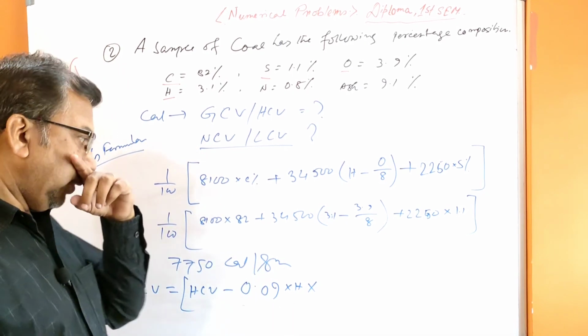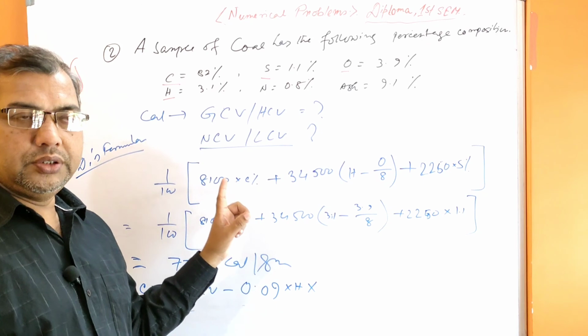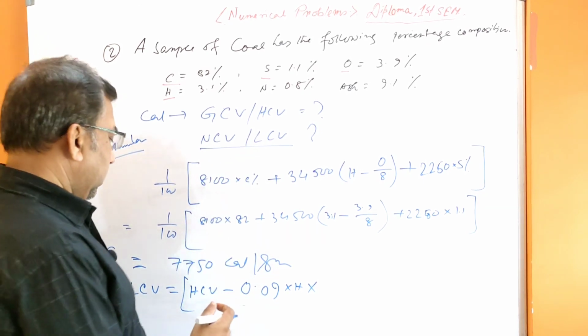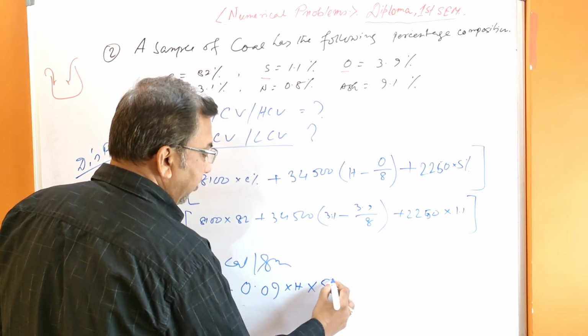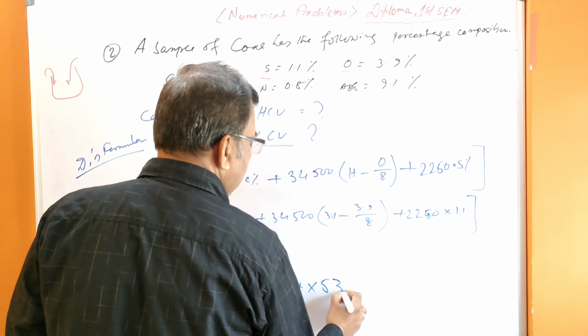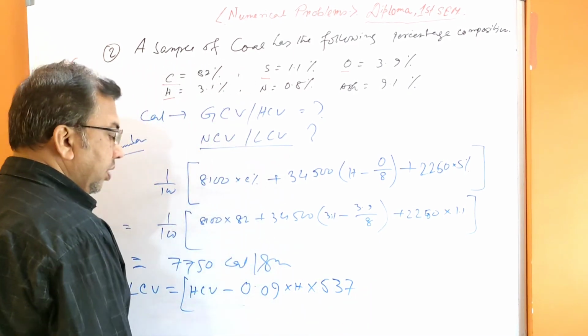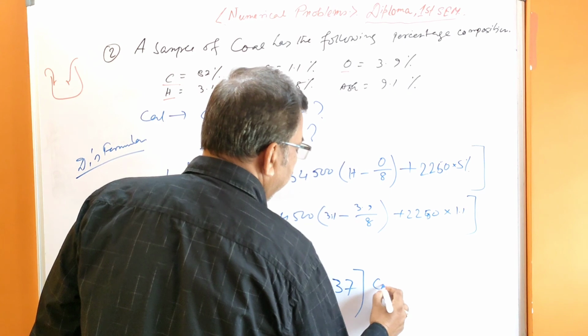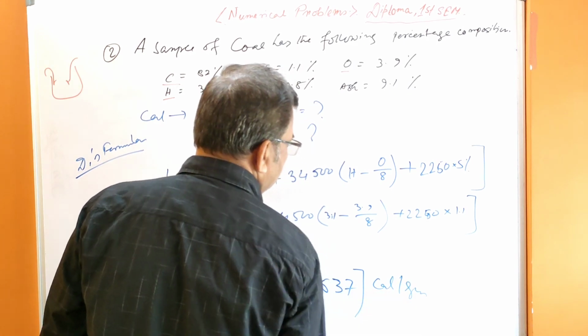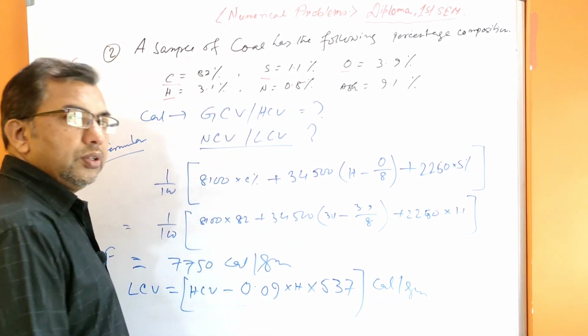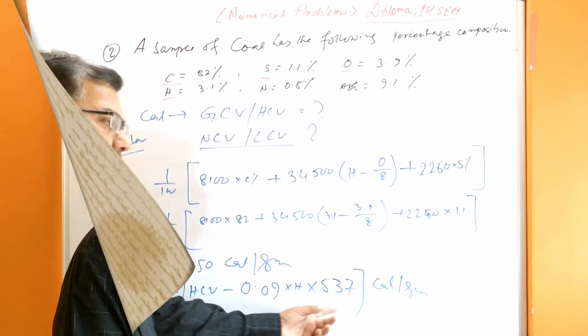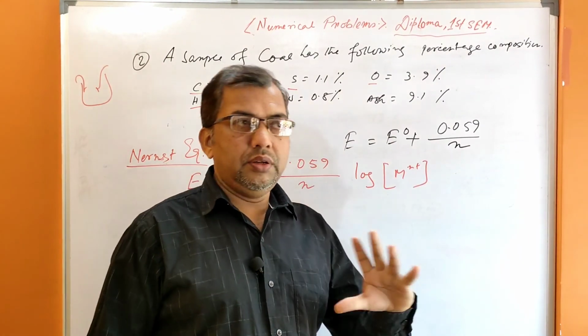Whatever is given, the latent heat of vaporization is 537 calories per gram, in some books 587, okay.